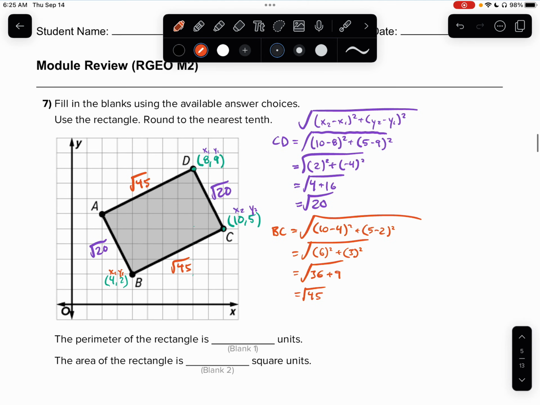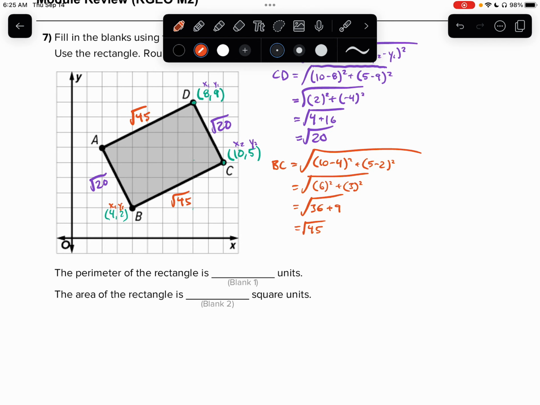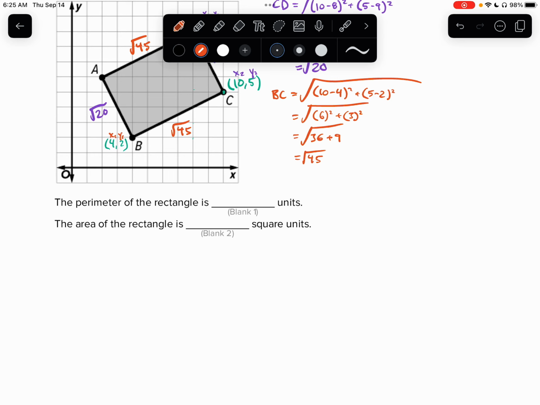All right, so now I need to find the area and perimeter. So perimeter, I'm just going to add them all up. So in my calculator, I'm going to do square root of 20 plus square root of 45 plus square root of 20 plus square root of 45, or just 2 times the square root of 20 plus 2 times the square root of 45. So I'll write that out.